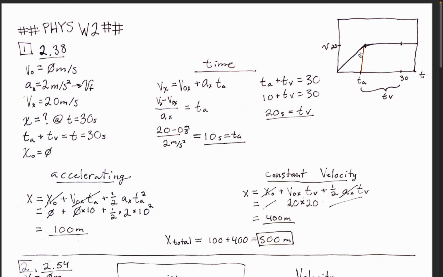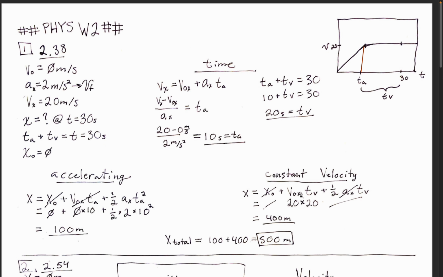So first we calculate this distance traveled during the first part. So we use the distance equation, x equals x naught plus this equation here. And then because x is over here already in the correct place, we just input the values straight in. We find that during the first 10 seconds, it travels 100 meters.